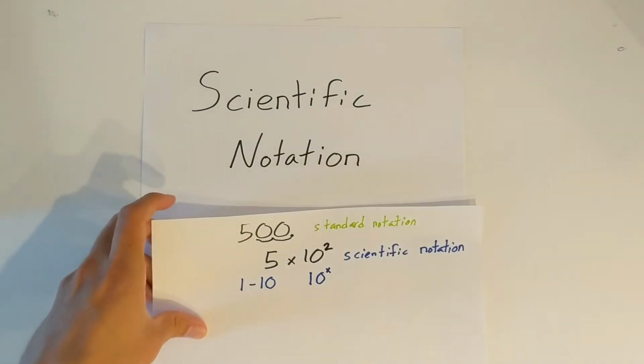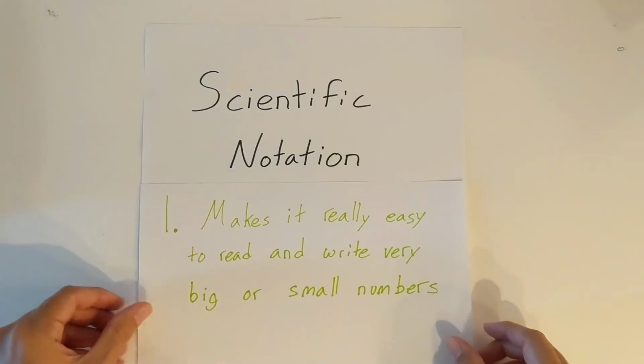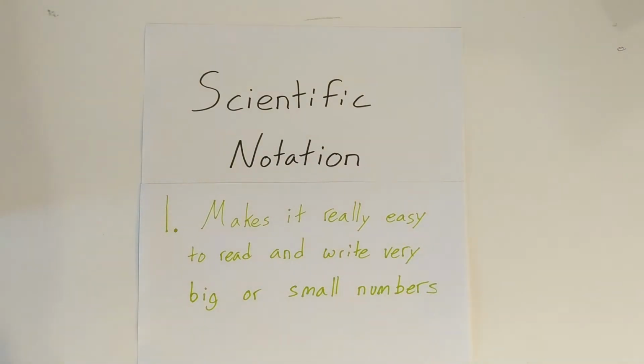So now moving into why this is important. The first reason is that it makes it really easy to read and write very big or very small numbers. Frequently in science, we have to talk about things on a very large scale or a very, very small scale. So our numbers can get out of hand if we don't use scientific notation.